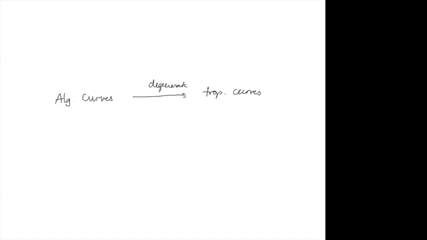And now if you count algebraic curves, so assume you have a finite set of algebraic curves through some fixed points, that satisfy point conditions, you degenerate them, you also obtain a finite set of tropical curves. But this map, so to say, is not one-to-one.